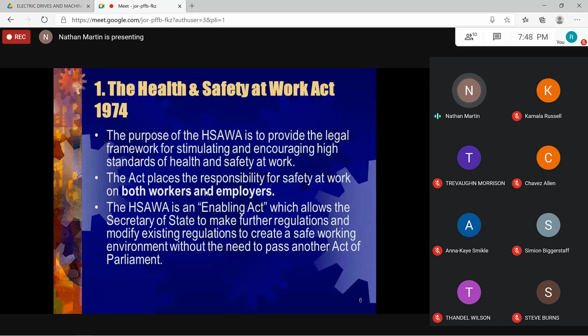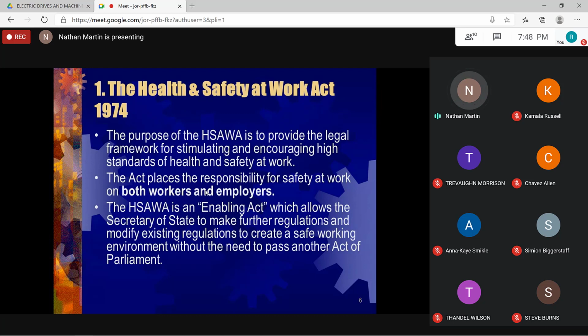It allows you to constantly look at different aspects, develop other safety measures and acts, and pass them. It is basically to protect you as a worker, to protect the employer, and to protect members of the public. If you realize, I put it in bold.